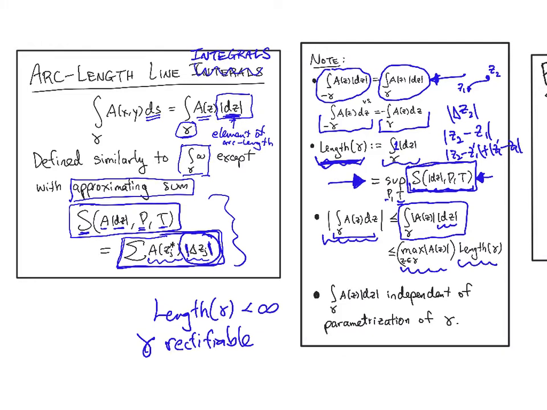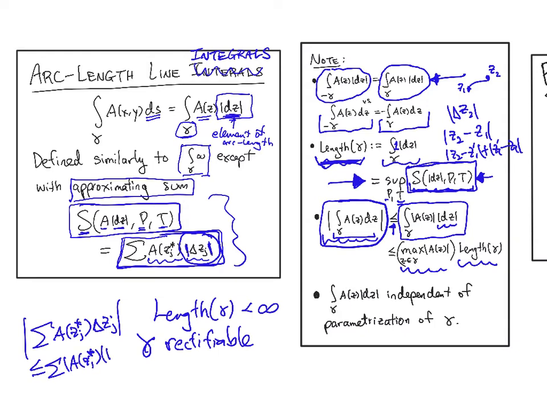So this first bound comes from just looking at approximating sums. So here would be an approximating sum for the line integral, and we would just be bounding it by an approximating sum for the arc length integral here. And then you can bound these by the maximum of A, and then you'll just be left with a bunch of absolute values of delta z's, which would give you the length.